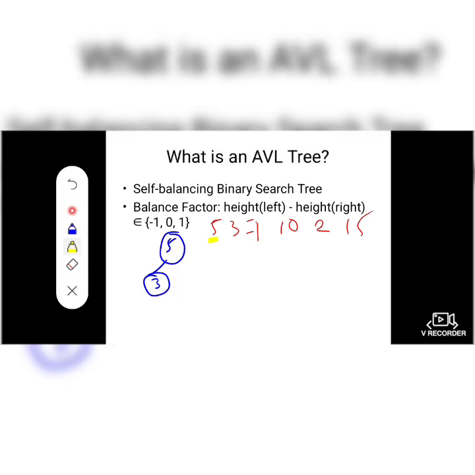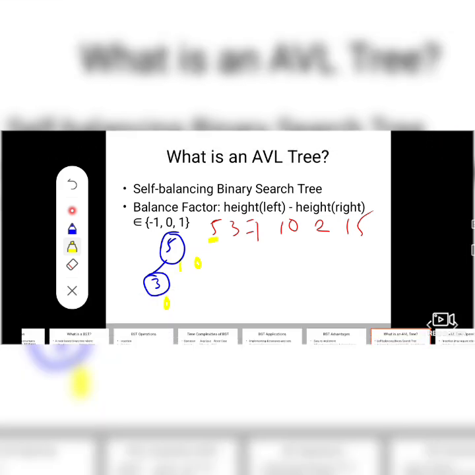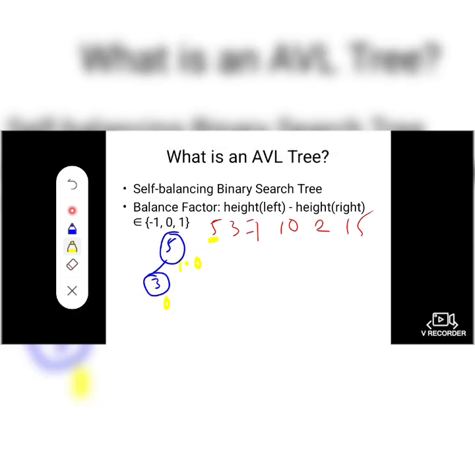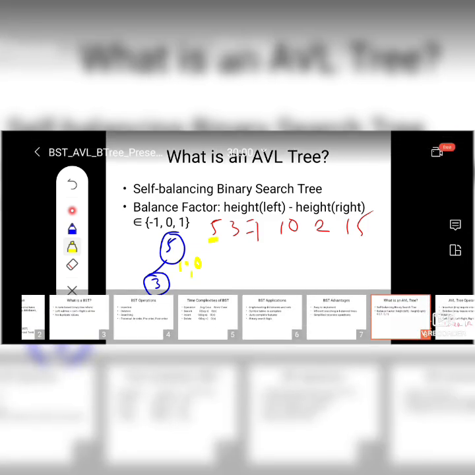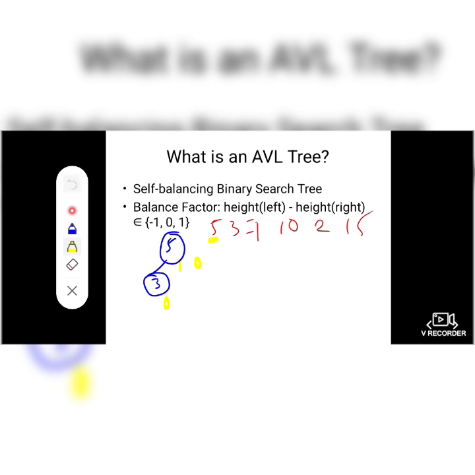To check the balance factor, we first check from the leaf node. The left side doesn't have anything, and the right side doesn't have anything, so it has 0. Here it is 1 minus 0, which is 1. So it is balanced, both are balanced.